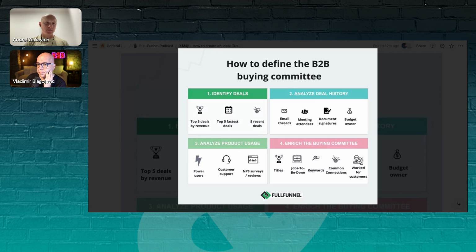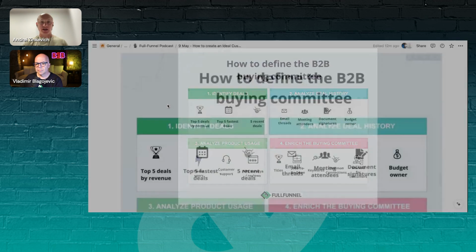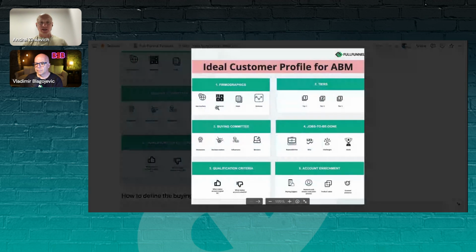The account executive tells me, I'm just quickly checking, and based on my gut feeling, experience, etc., I'm saying, okay, that would be the right person. So that's why you need to nail it down. We'll show you a practical example of how that ideal customer profile for an ABM program will look in a second, but let's come back to other pillars.